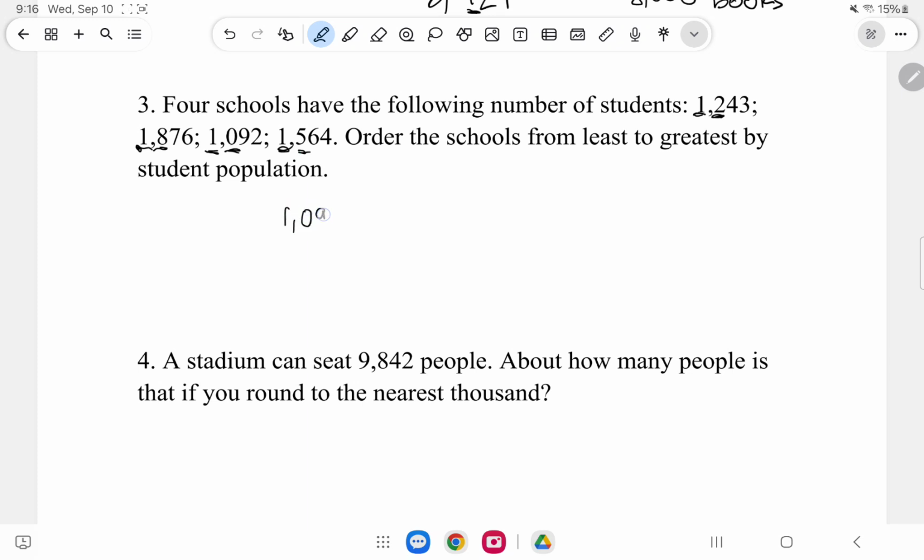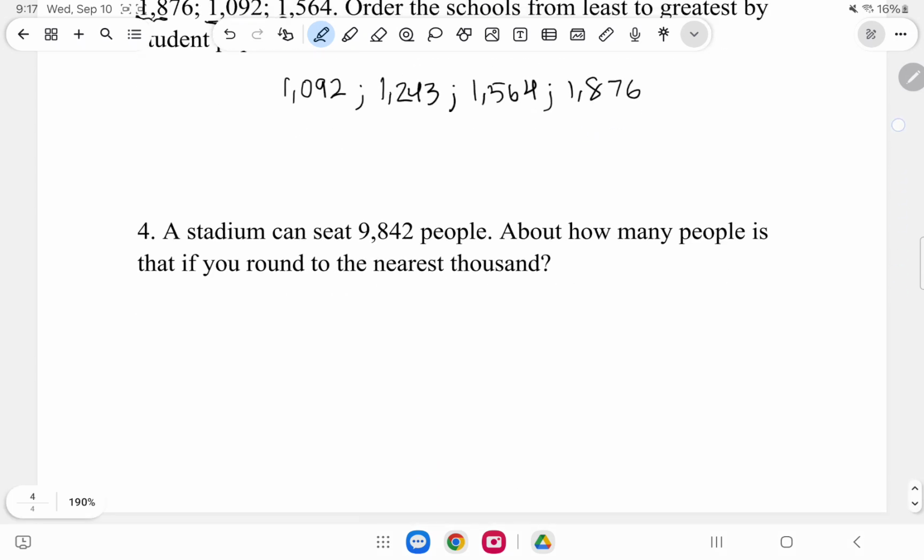So that's going to go at the front. And then we get to 2, which is the next number. And then we get to 5. And then we get to 8. So this is the answer.